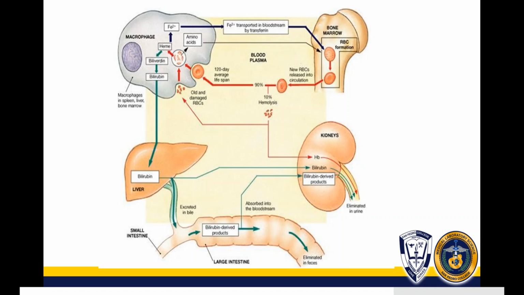Why is it important for RBC to have a flexible and deformable cell membrane? And what contributes to this flexibility and deformability? What factors influence the shape of the RBC, and why is the shape of the RBC important for its function? And the different energy metabolic pathways that RBC have to perform in order to sustain its viability.